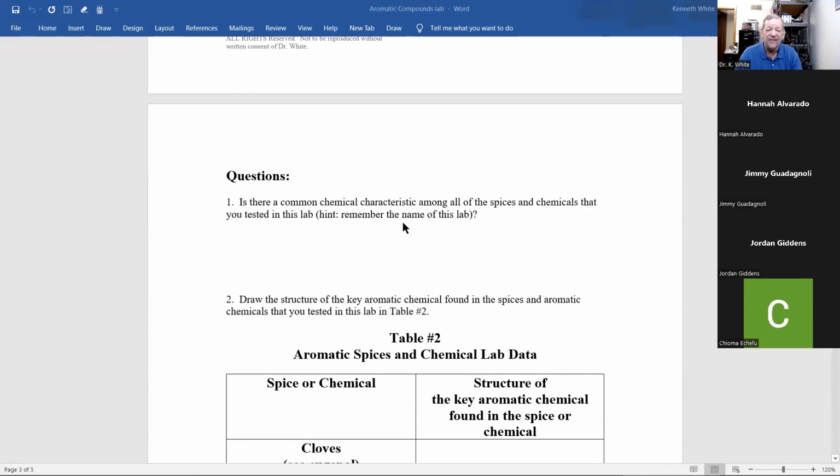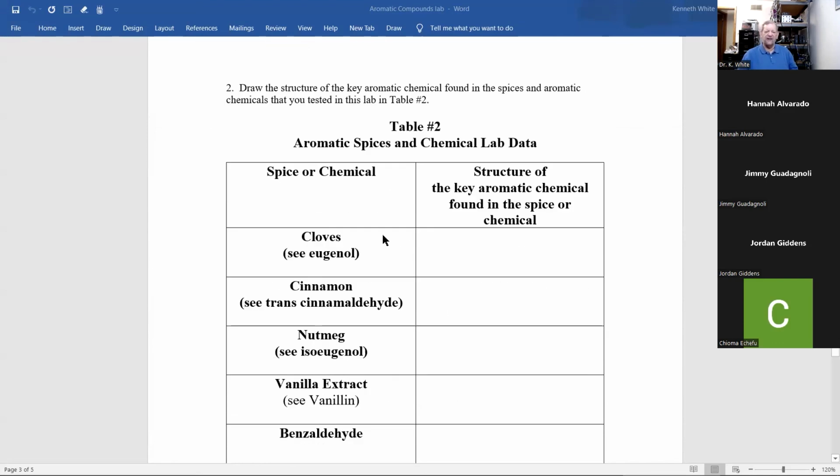I gave you a hint. Remember the name of this lab. Read the hint. When I ask you to draw the key aromatic compound in each of these, I help you out. In cloves, the name of that is eugenol. Use Google. And in cinnamon, oh, look, trans-cinnamaldehyde.